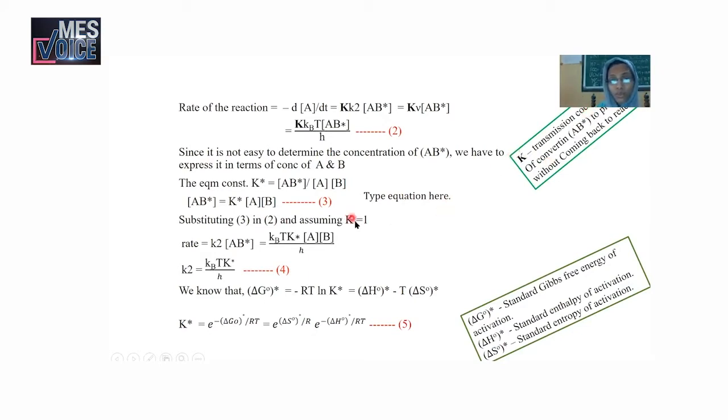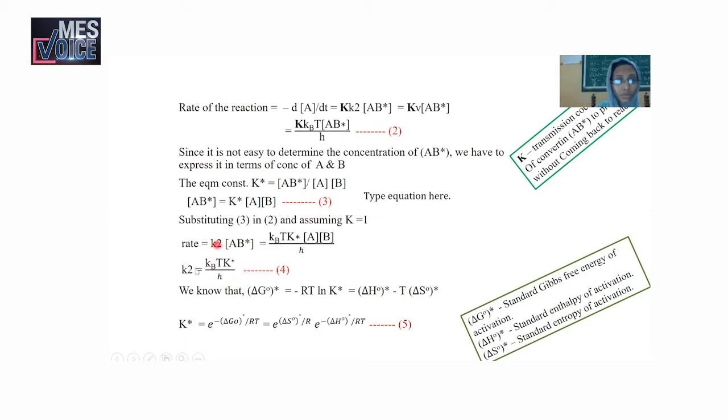The rate is equal to k2 into AB star, which is k_BT by h, then substituting the value for AB star, K star A into B. Then what is the value of k2?